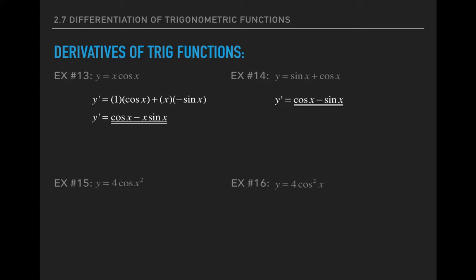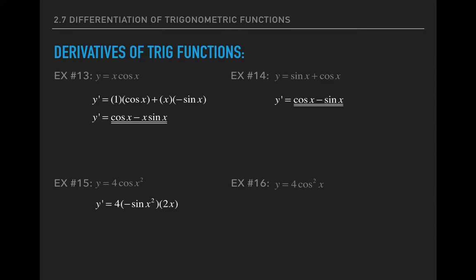Example 15, it's kind of a mashup of some of the previous examples that we've gone through. It would be 4, because you just multiply 4 times the function times the derivative of that function. And the derivative of that function, you're really looking at the outside function, which is cosine, and you're going to take the derivative of cosine, which is negative sine, and keep that inside function the same, x squared.